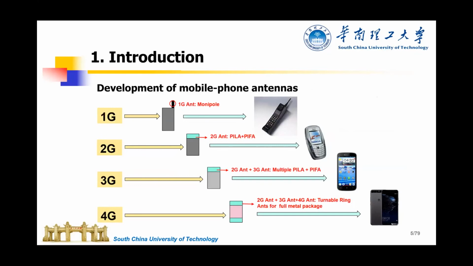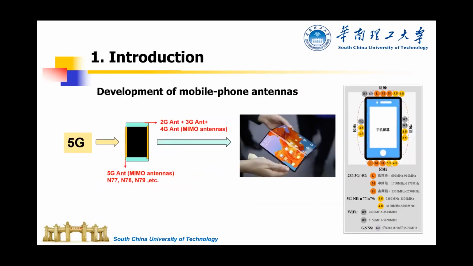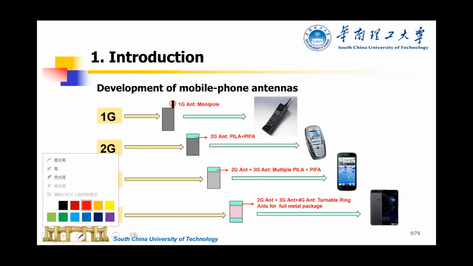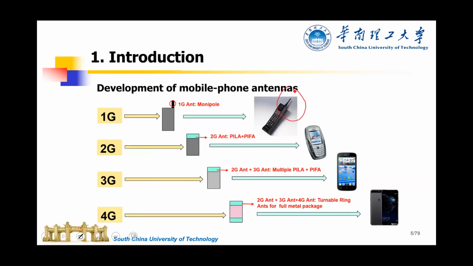This picture shows the development of the mobile phone antennas. We know in the 1st generation, the mobile phone is very simple, only a very simple multiple antenna, just placed outside.